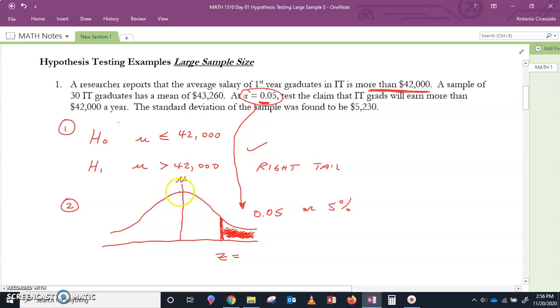Well, we have the means to make that happen. We know that from the mean to this point must be 0.4500. And when we look at our Z table, we're going to go look for the area of 0.4500. And what does that give us?